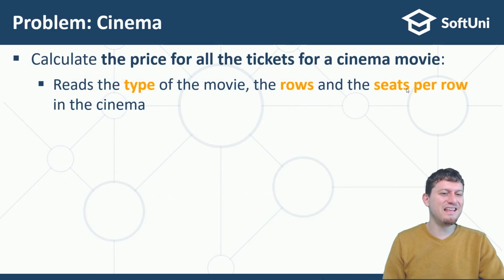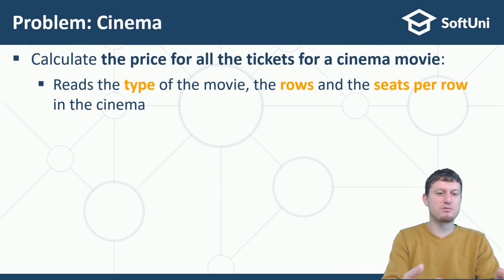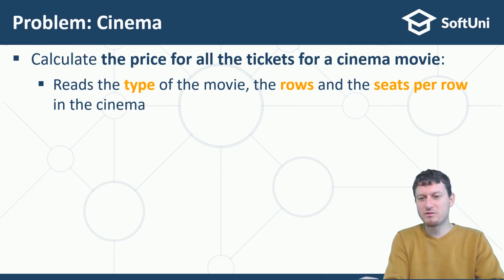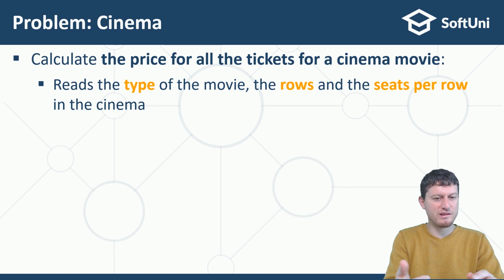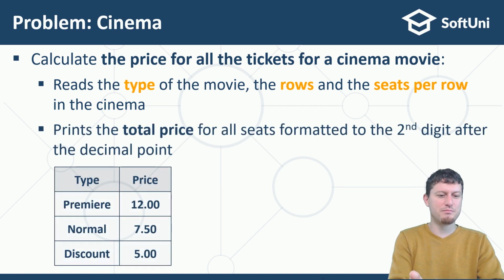Okay, let's go ahead with the next problem. It's called cinema. It's about calculating the price for all tickets for a cinema movie. The program should read the type of the movie, the rows, and the seats per row in the cinema, and it should calculate all the price for all tickets. If all tickets are sold, what will be the price?